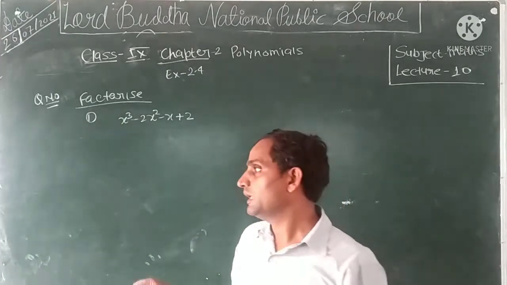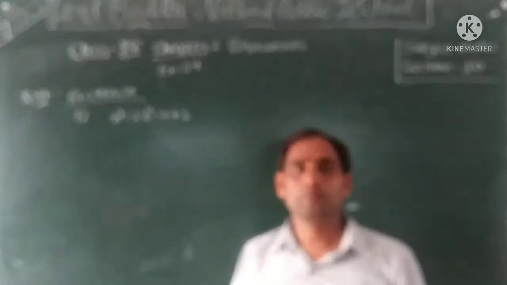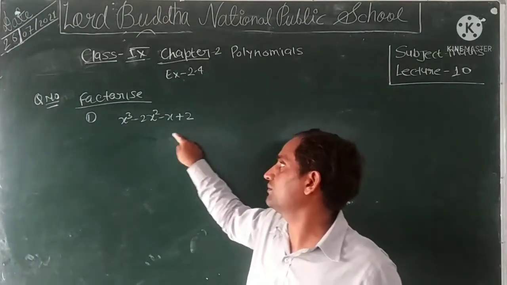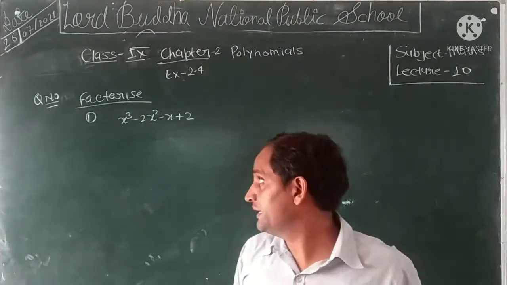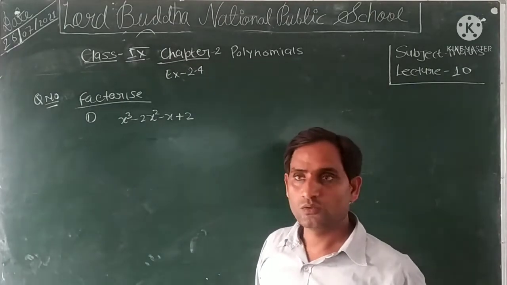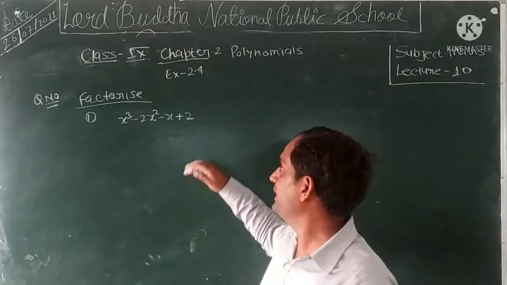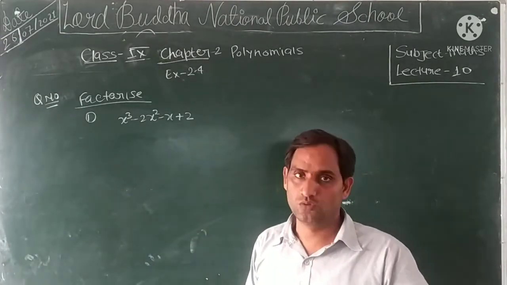Okay. As we solve the quadratic polynomial by splitting the middle terms in 2 parts, it cannot be solved here. So first of all, as we see that the leading coefficient is 1, we can apply the integral root theorem.